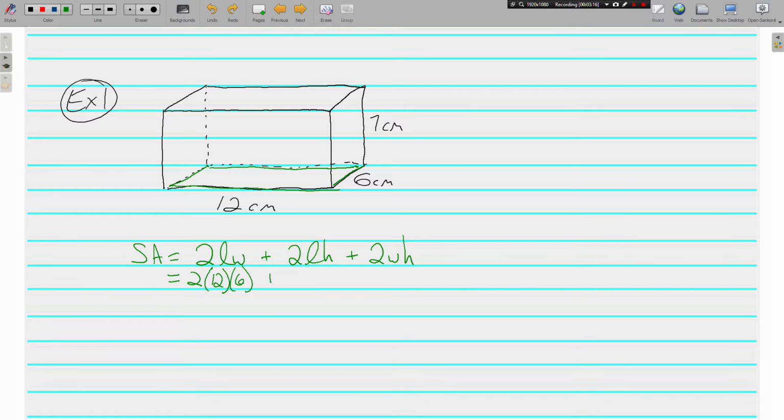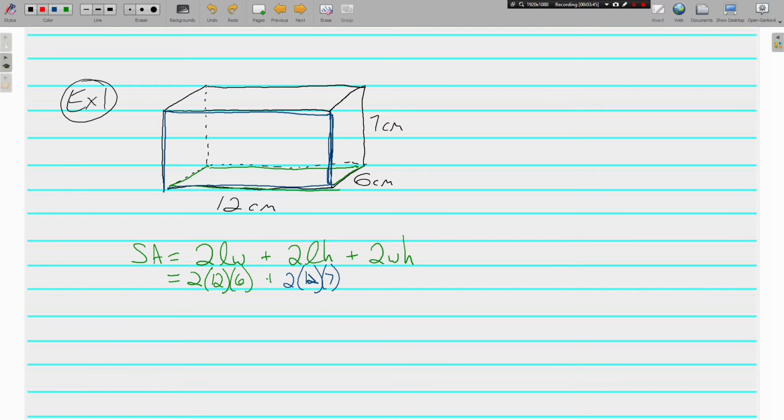And then I'll switch colors here. I'll do length and height for the front and the back. 2 times 12 times 7, because this part right here is 7 tall.